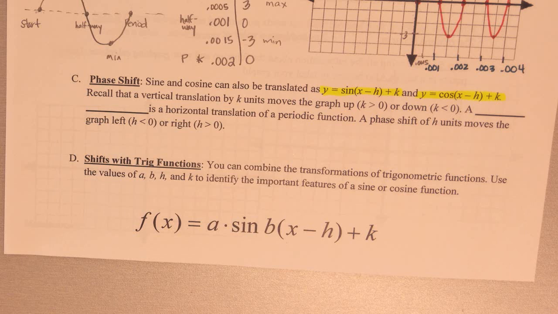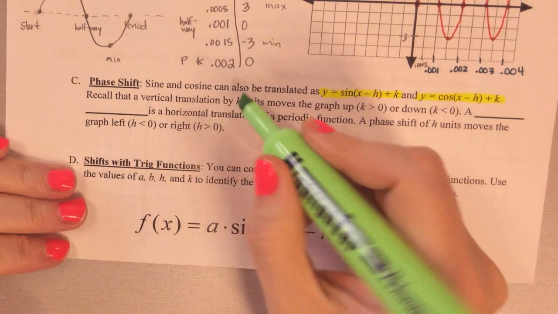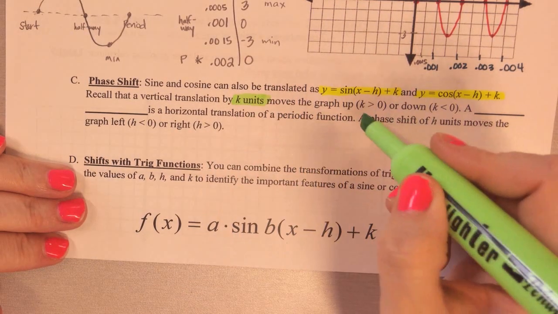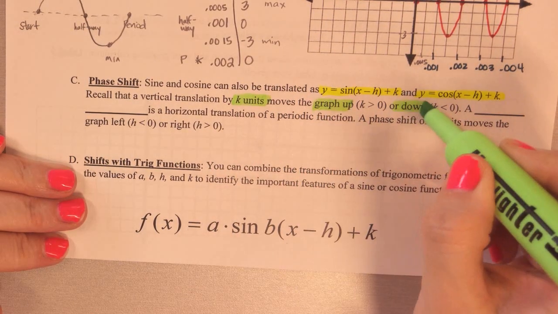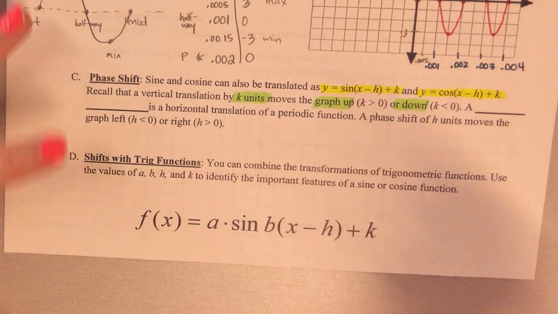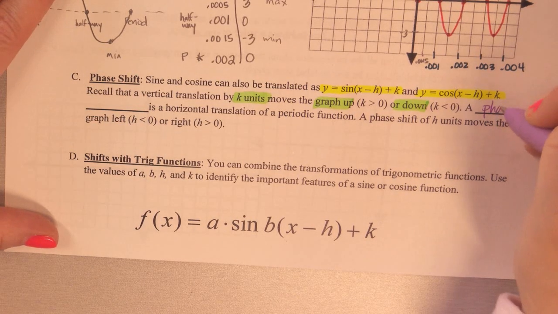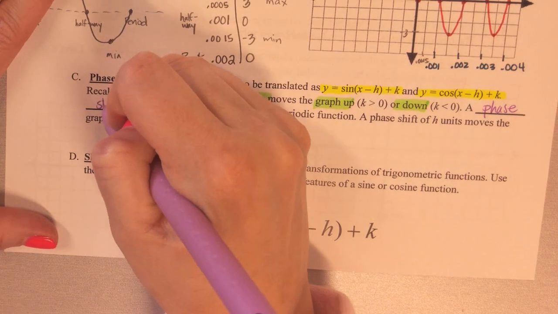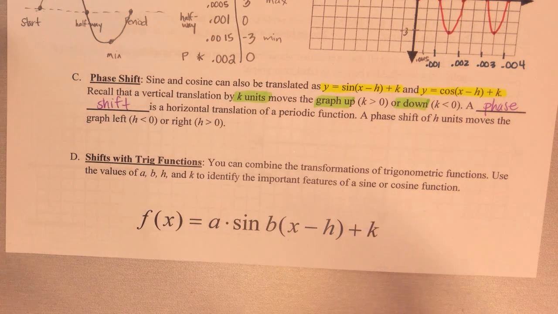So if you have the K units, okay, that is going to be something that moves the graph up or down. But what we're going to focus on today is a phase shift, and that is going to be the horizontal translation.